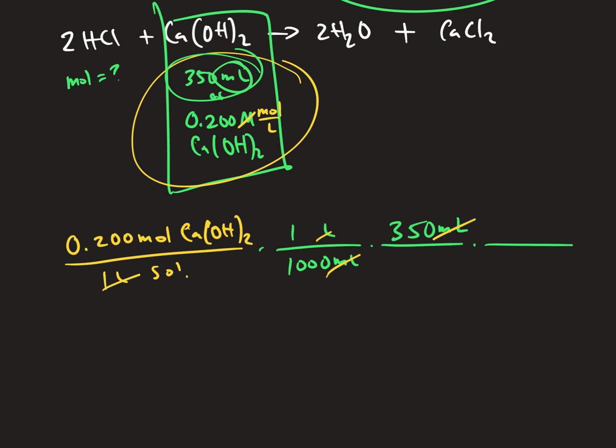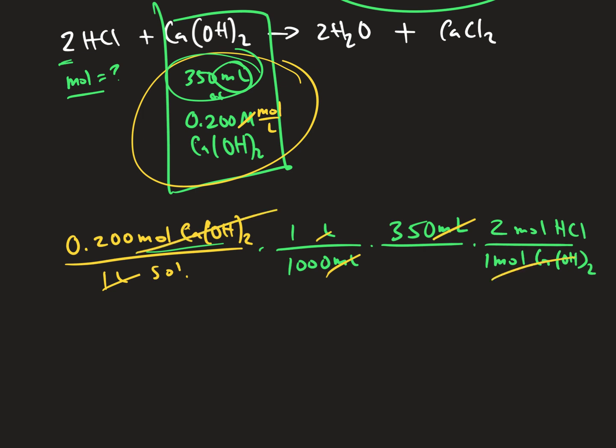So we don't want moles of calcium hydroxide in our answer, and that's what we have. It's the only unit that's not canceled. We want moles of hydrochloric acid. So now we use our mole-to-mole ratio, right? So 1 mole of calcium hydroxide on the bottom cancels out with what on top? 2 moles right there. Our coefficient of HCl is 2. 2 moles of HCl, 1 mole of calcium hydroxide.